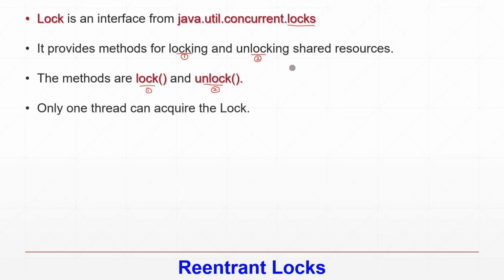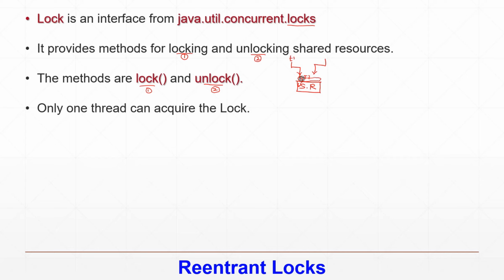If there are multiple threads, let's say this is thread 1 and this is thread 2 and this is the shared resource, right? And let's say that this is the lock to acquire the shared resource. If thread 1 already acquired the lock, thread 2 cannot acquire it.